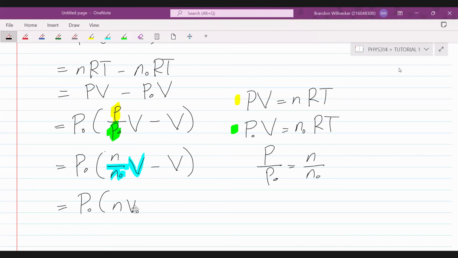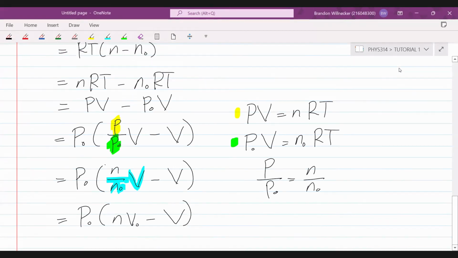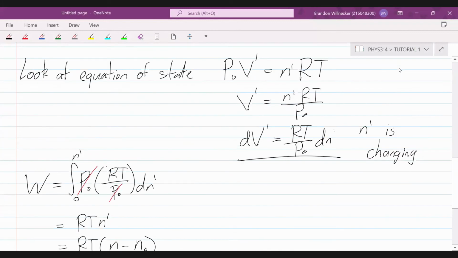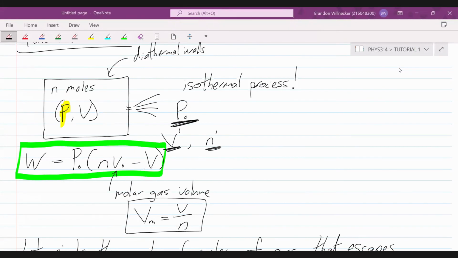Whenever we're dealing with molar quantities, we can use the little v naught. Capital V for volume, little v for molar volume, minus V. And that's what we wanted to show. There we go. That's what was asked.